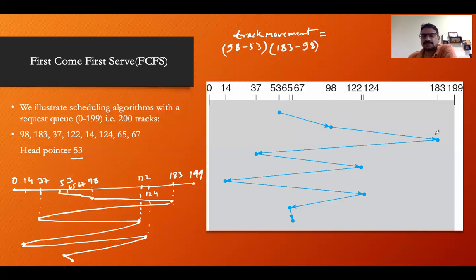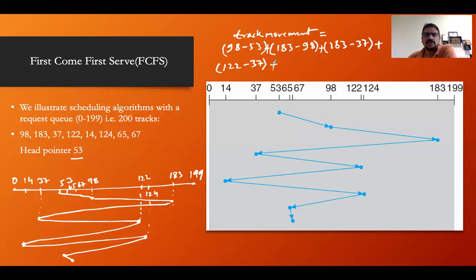Then from 183, I am going to 37, so it will be 183 minus 37, plus. All the movements will be added together. Then from 37, I'll go to 122, so it will be 122 minus 37, plus.